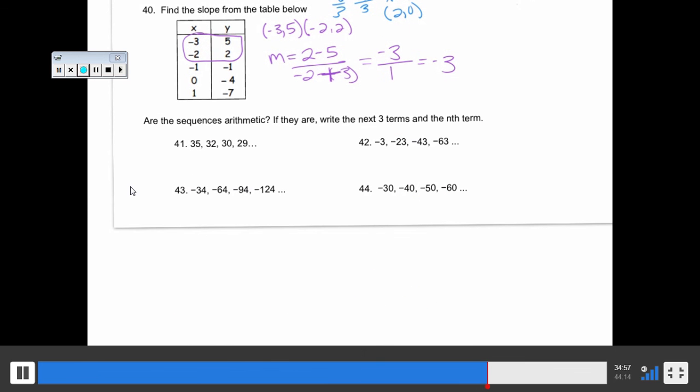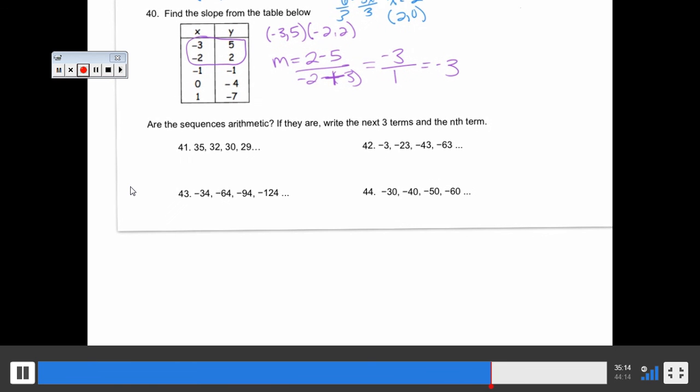For numbers 41 through 44, we need to check to see if these sequences are arithmetic. If they are, we need to write the next three terms and the nth term. So arithmetic, you need to find a common difference, so if you can subtract. So for number 41, it looks like to go from 35 to 32, we are subtracting 3, but here we're subtracting 2, subtracting 1.